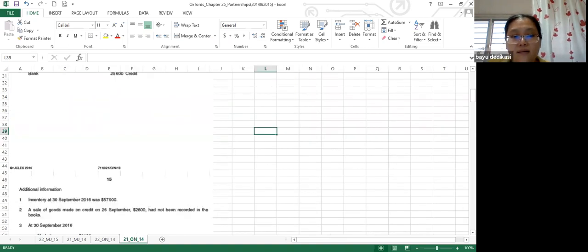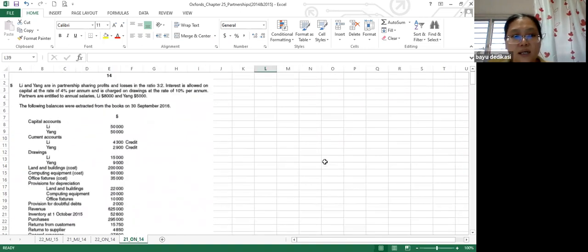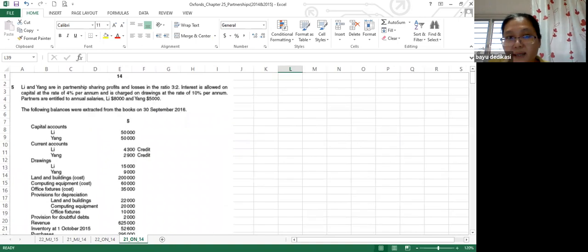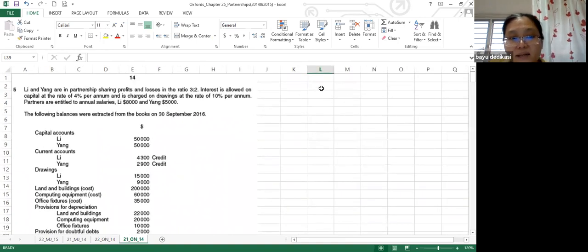Okay, now the last question, same thing, similar format. I will just highlight those key things. Lee and Yang are in partnership, sharing profit and loss in the ratio 3:2. Interest is allowed on the capital at the rate of 4% per annum and is charged on drawing at 10% per annum.